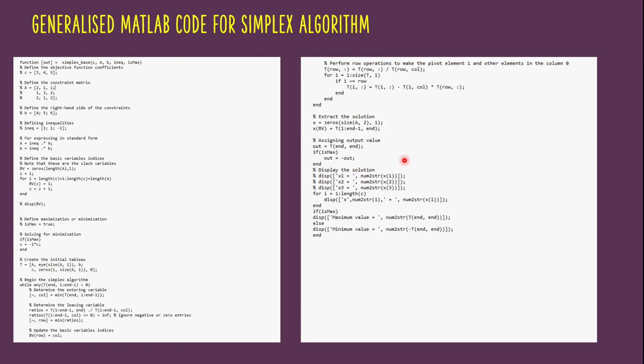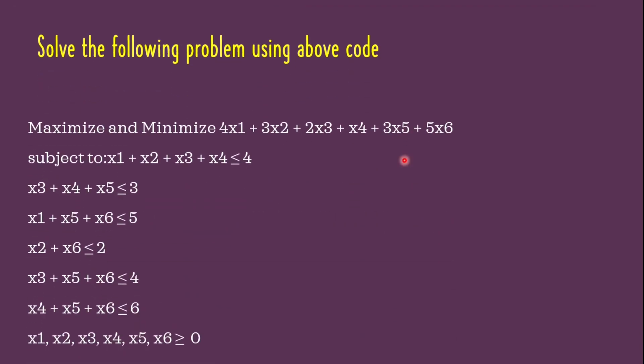Okay, by using this code, let's solve another problem. Let me solve a six variable simplex problem, subject to six constraints. Here 4x1 plus 3x2 plus 2x3 plus x4 plus 3x5 plus 5x6 is our objective function.